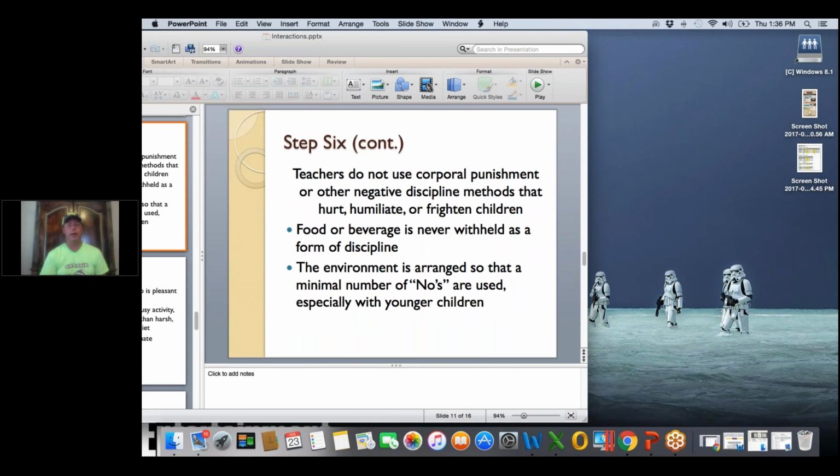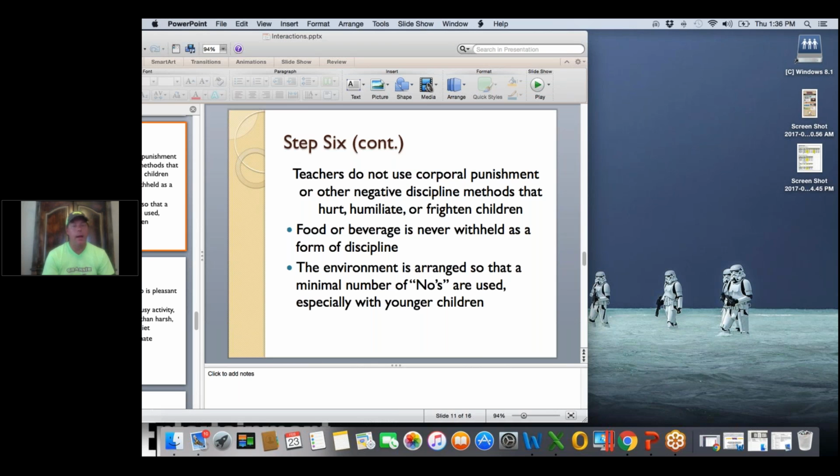Kind of going on to step number 6. Teachers do not use corporal punishment or other negative discipline methods that hurt, humiliate, or frighten children. Again, this goes right back to minimum standards, but while we're communicating with the children, we don't want to threaten them. "Now, Johnny, if you don't start acting right, I'm going to call your mom, and you know what's going to happen."